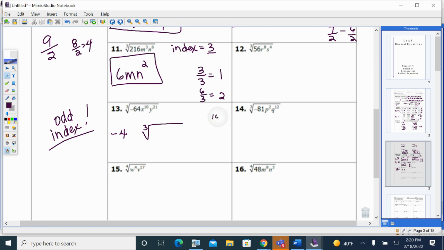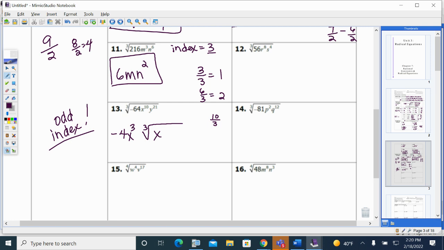So 10 divided by 3. Well, that's not going to work. 3 doesn't divide into 10 evenly. But 3 divides into 9 of them. So 9 divided by 3 is 3. So I'll have x to the third power on the outside. And there was that 1 left over x that's going to stay under the radical.